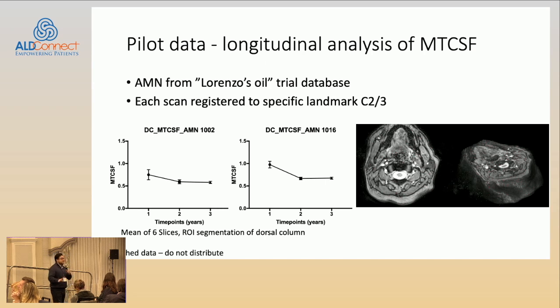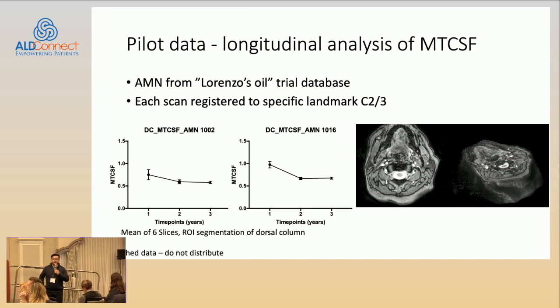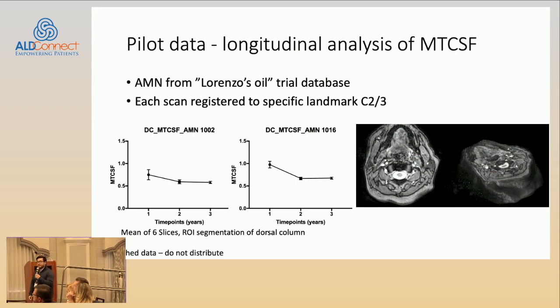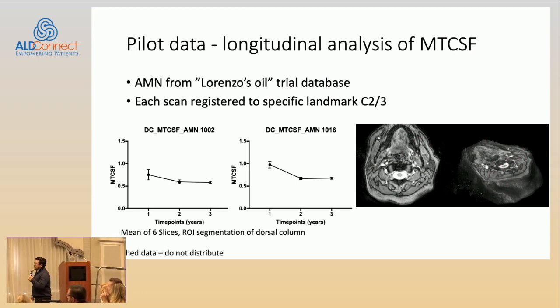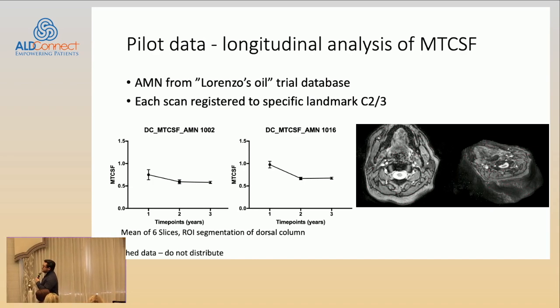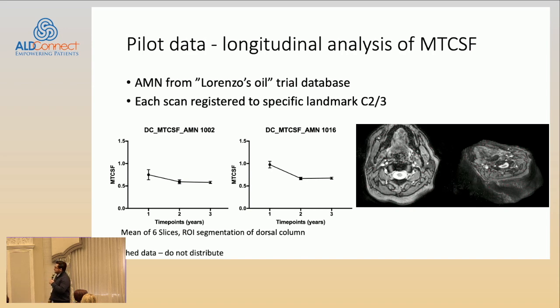I don't want to make any conclusions out of it, and these are the only first data that I'm comfortable showing before we understand the data set a little bit better. On the right, you have a picture of the MT image with a 3D reconstruction, and on the left, 2 sample AMN patients. So right now, we're in the process of putting these data together and seeing how they change over time and whether or not they would serve as a biomarker.